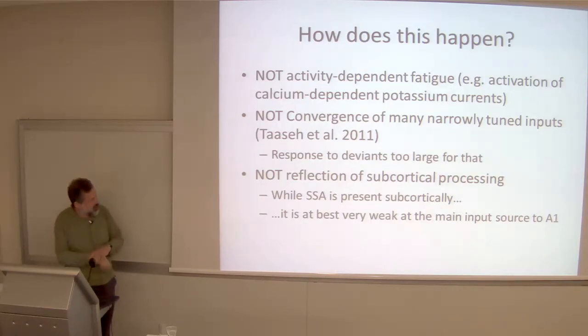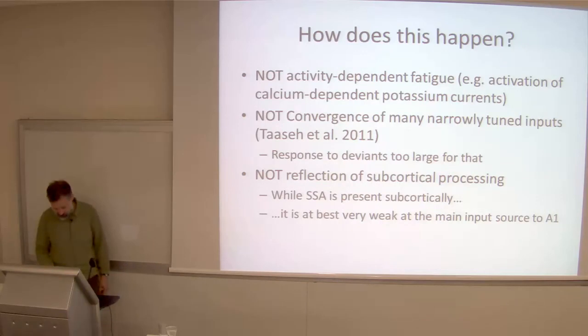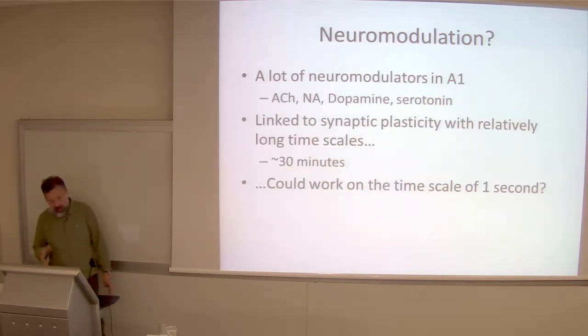And we know that it's not a reflection of things that happen below the auditory cortex, because there is SSA subcortically, but the main input source to A1, primary auditory cortex, where we record, actually doesn't have stimulus-specific adaptation. We think part of that has to do with so-called neuromodulation.